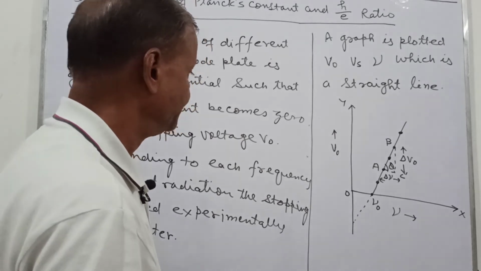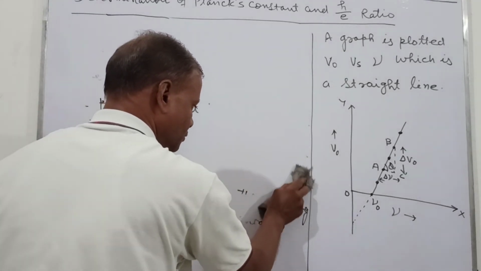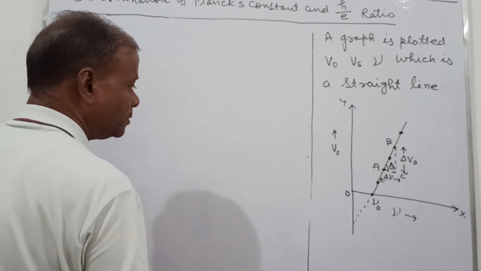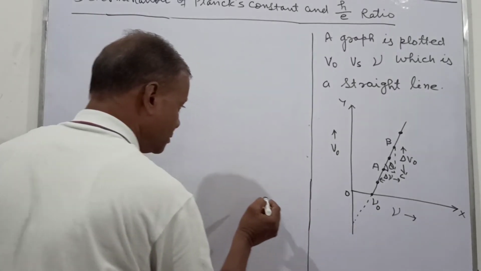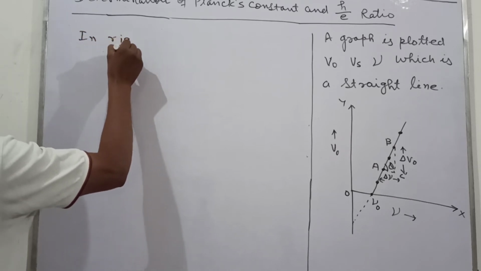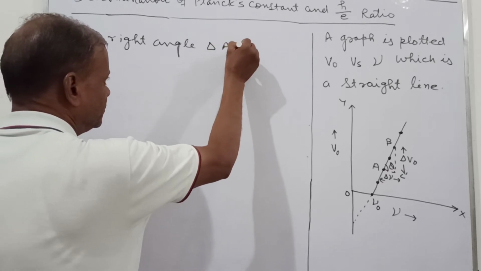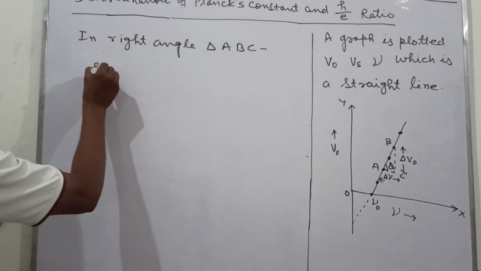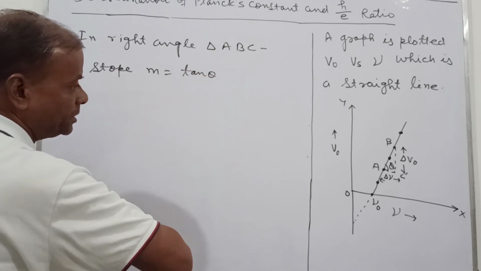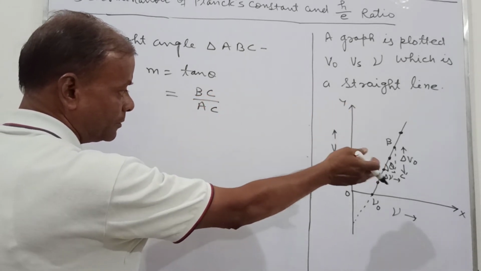Now in right angle triangle ABC, the slope M equals tan theta, which equals BC upon AC, perpendicular upon base.